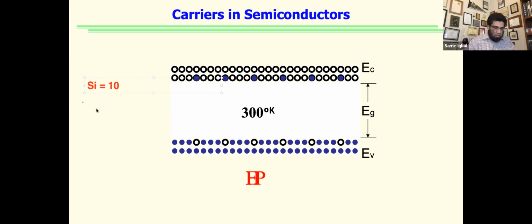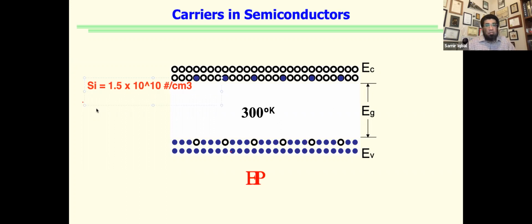We take it as 1.5 times 10 raised to power 10. Sometimes we just use 10 raised to power 10, but to be very precise it is 1.5 times 10 raised to power 10 per centimeter cube. That's how we count how many are there.